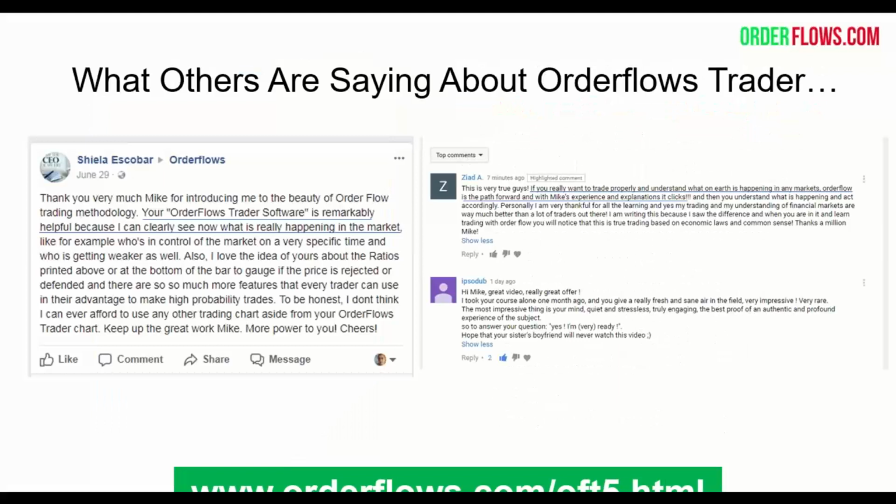So again, order flow is a special tool. I've helped a lot of traders over the years by showing them what to look for, but more importantly, giving them the tools that they need to make trading easier, right? And you can see what people are saying. The software makes it remarkably helpful because they can clearly see what's happening in the market.